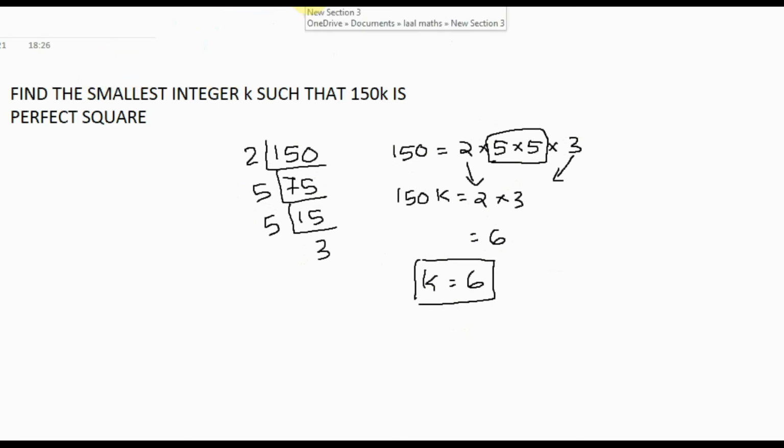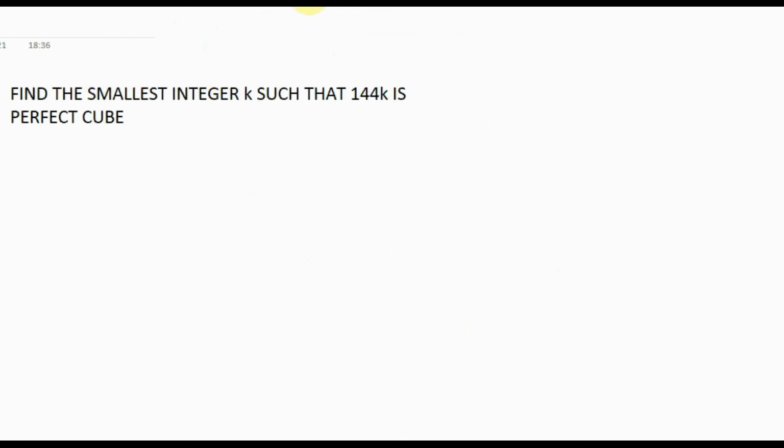Next question. Find the smallest integer k such that 144k is a perfect cube. So, the similar method for 144. We can factorize by 2, prime factorization, 72. Again 2, that is equal to 36.